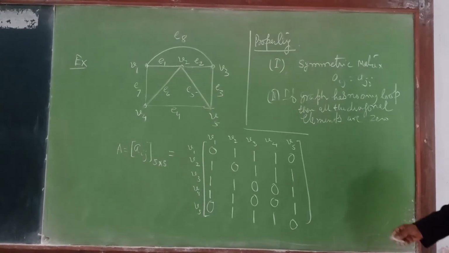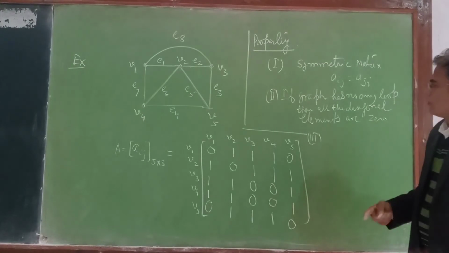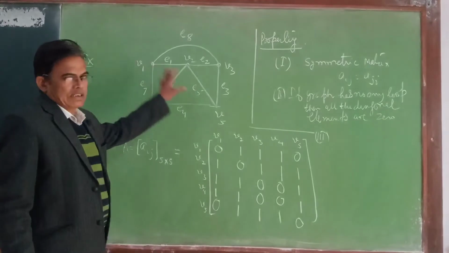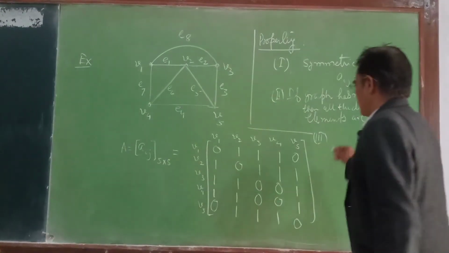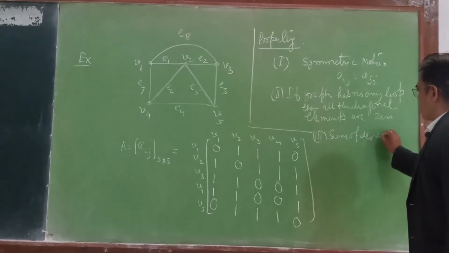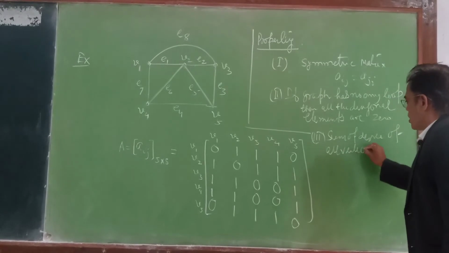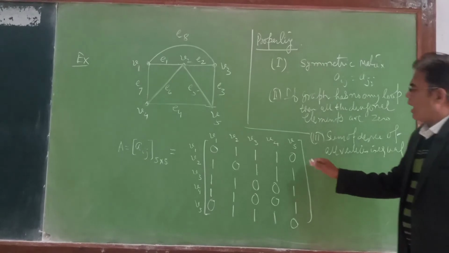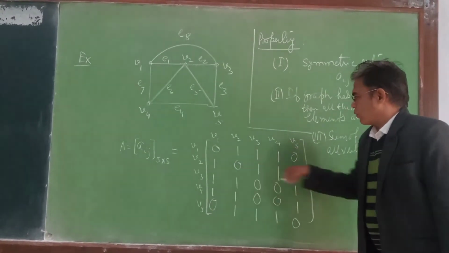And the third is a very important property. The third property is that the sum of degrees of all vertices is equal to the sum of all these entries, meaning first row, second row, third row.